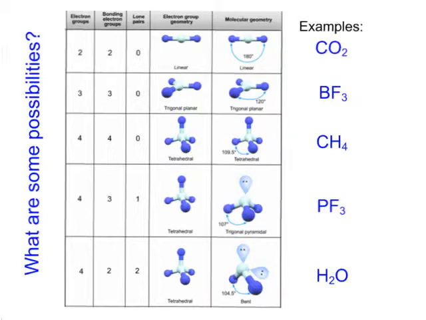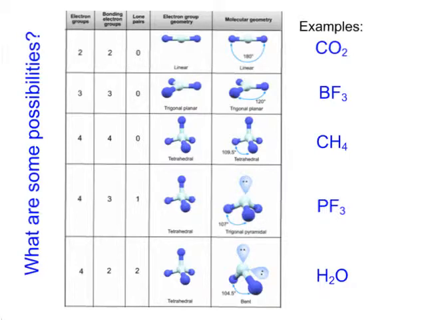So what are some of these other possibilities? There are actually more geometric shapes and possibilities than these listed here, but these are the ones that we're going to work with in our class as we're studying this. So we have a linear geometry where there's 180 degrees between the two atoms on the ends, and an example of that would be carbon dioxide.